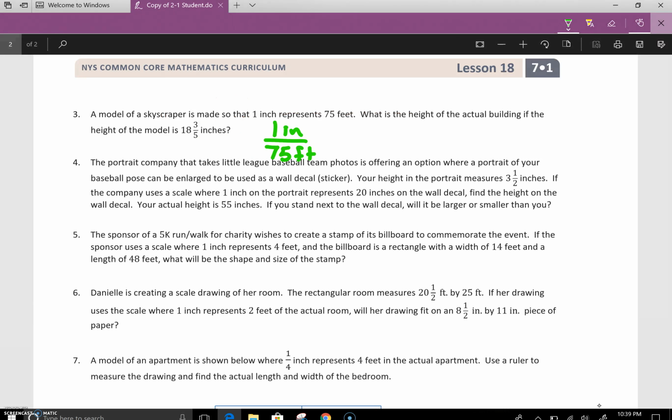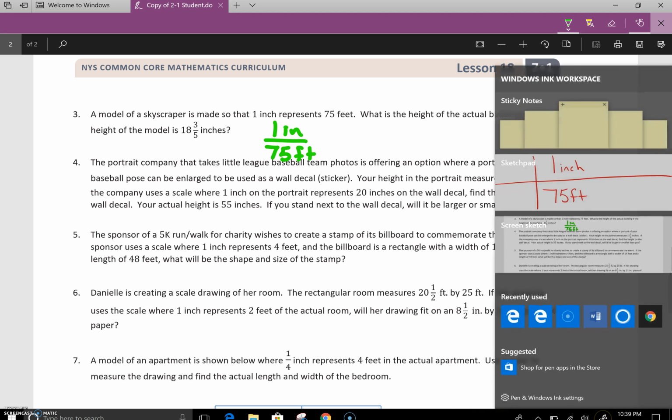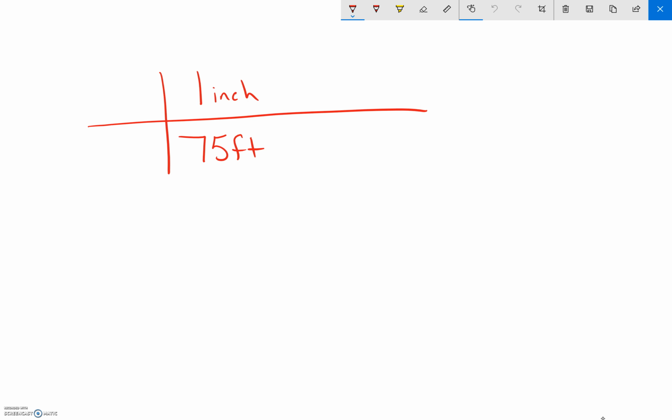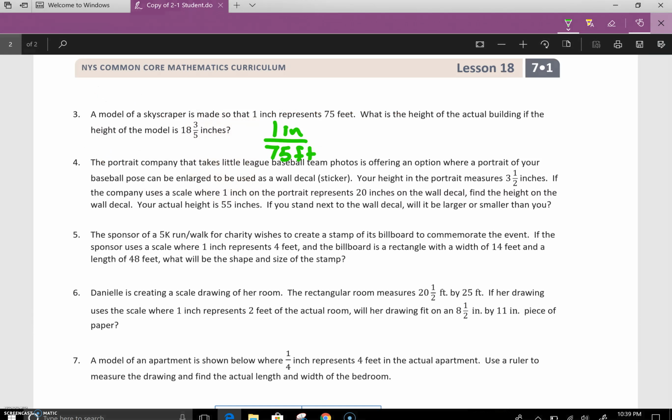We know that 1 inch is 75 feet. The 1 inch is on the model. And the 75 feet is the actual building. And they're asking us, if this is your scale, then how tall would a model that is 18 3/5 inches be?